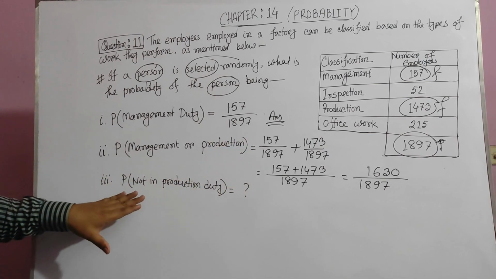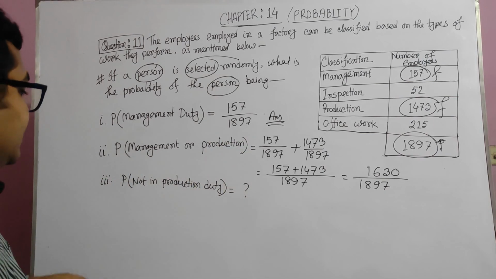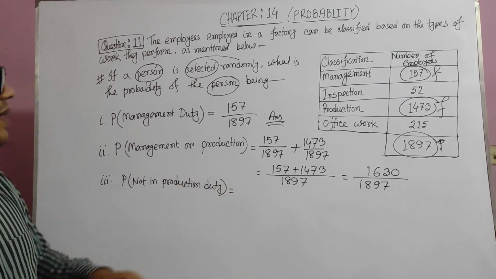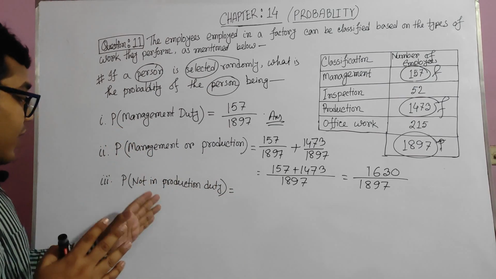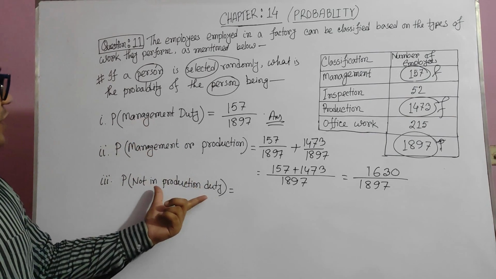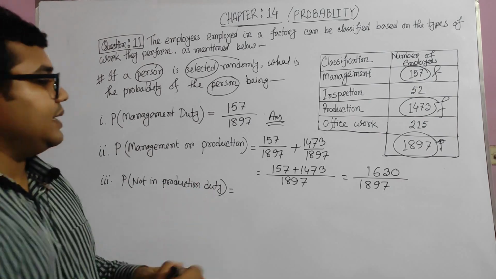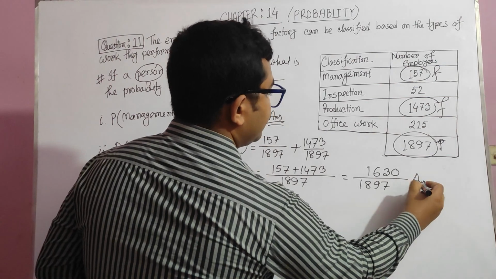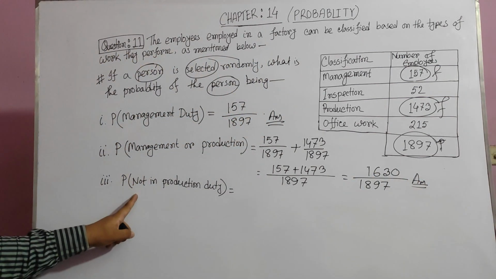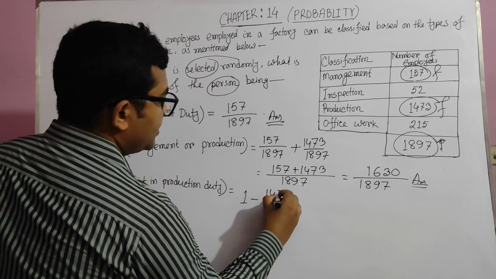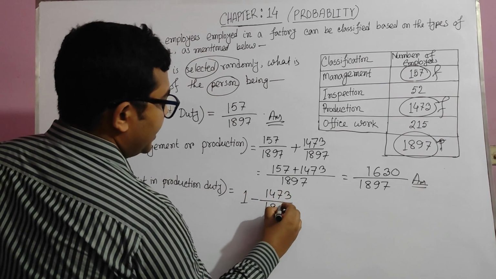The third question says not in the production duty. So what is the probability of production duty? The probability of a person from production duty is this, which we found earlier. Since it is not, it will be 1 minus 1473 divided by 1897.